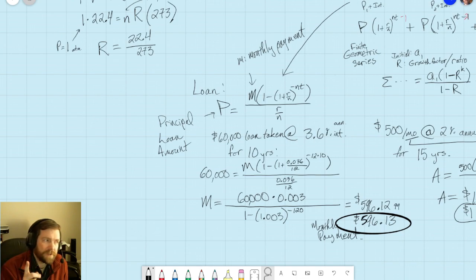Alright, so this is also something that I tell my students: even when this little partial amount here is like a 1, you actually want to round that up. Because if you round it down to $596.12, your monthly payment, you're going to be paying interest on fractions of cents, which eventually add up. So you're going to want to round up, even if, like I said, rounding down would be fine.